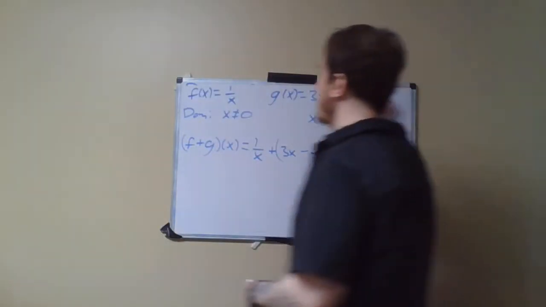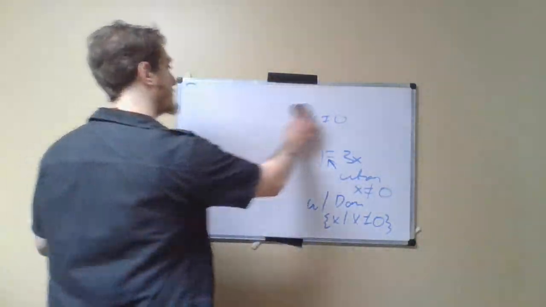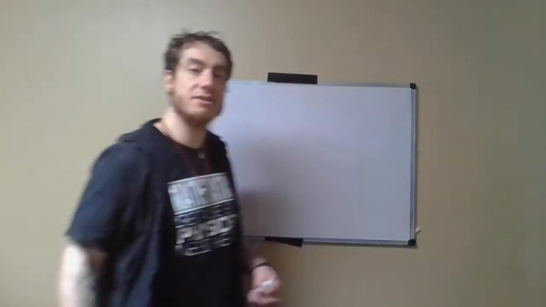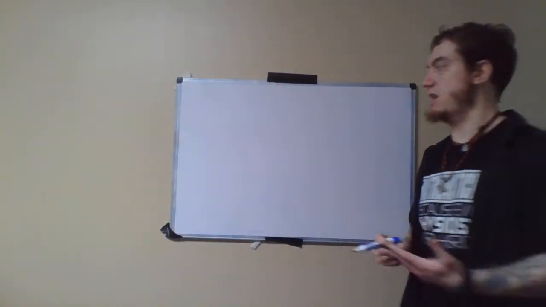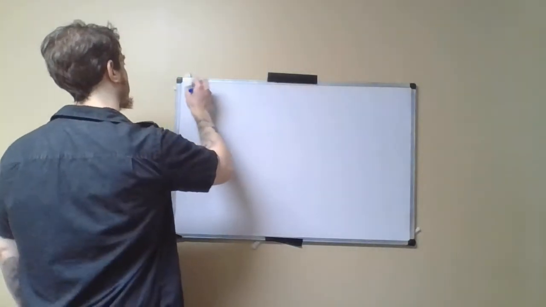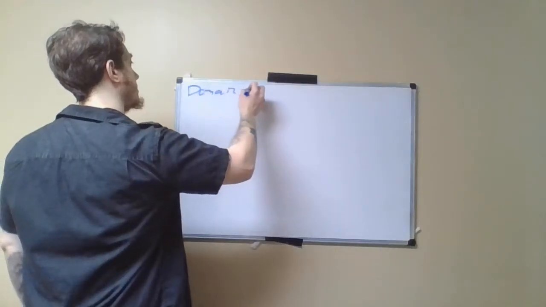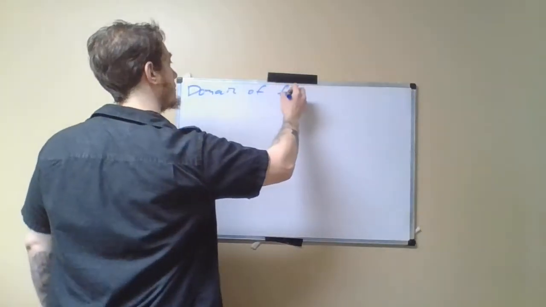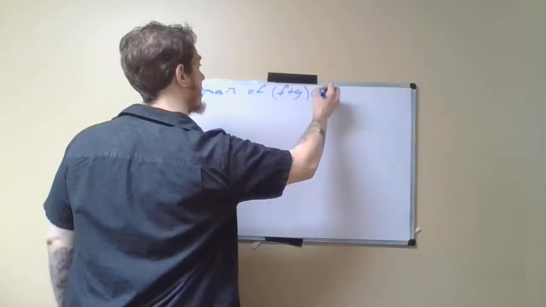Now, I'm going to give you one of these types of things to think about for yourselves for a moment, and once I write this down, I encourage you to pause this, think about it for a minute, make sure you understand what's going on. So what would be the domain of f plus g of x?